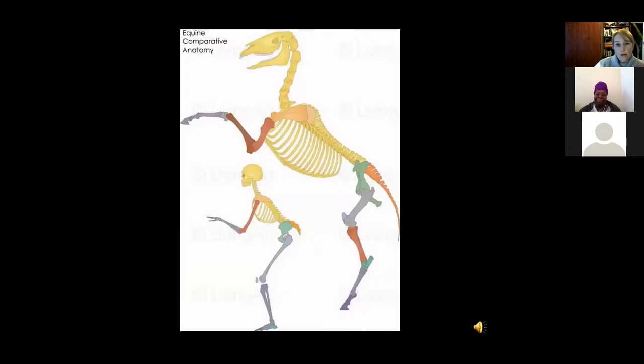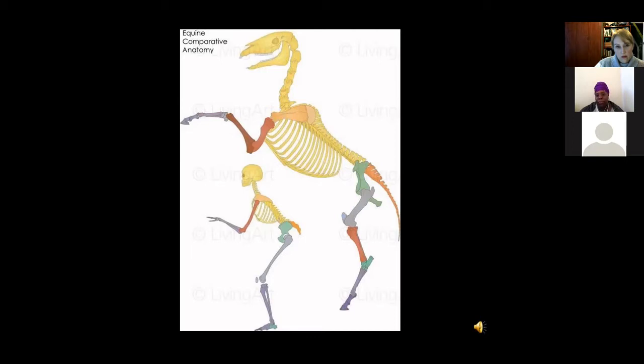Look at this picture of the horse and of you. All the bones that you have are in the horse, and all the bones that the horse has are in you. They look different because form follows function.